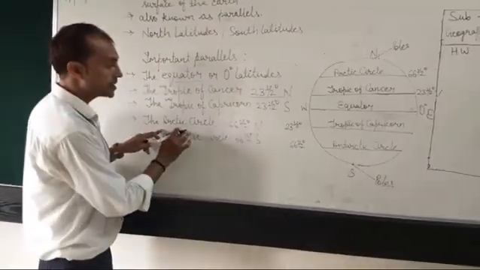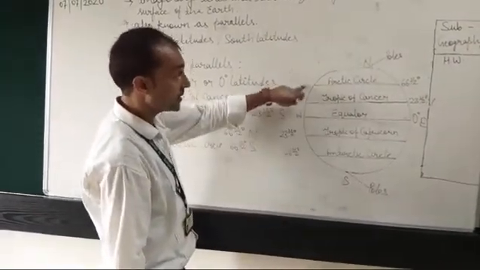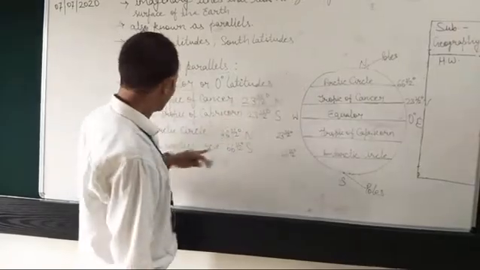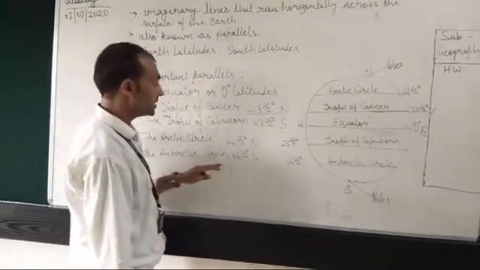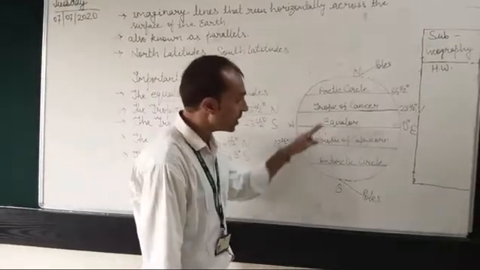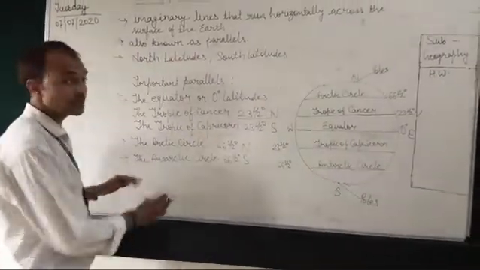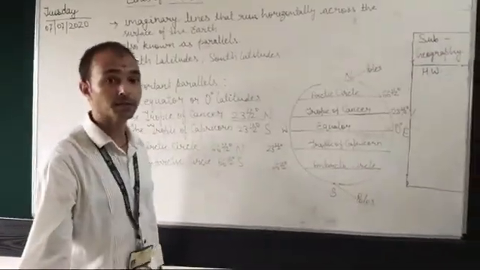Then the Arctic Circle, 66.5 degrees north. Then the Antarctic Circle, 66.5 degrees south of the equator. So these were the important parallels.